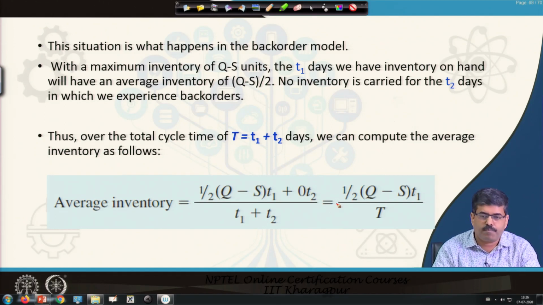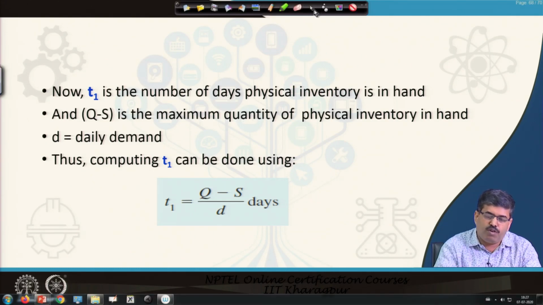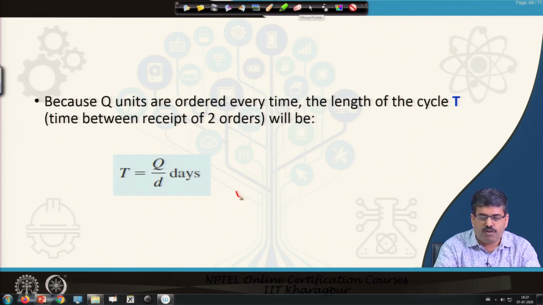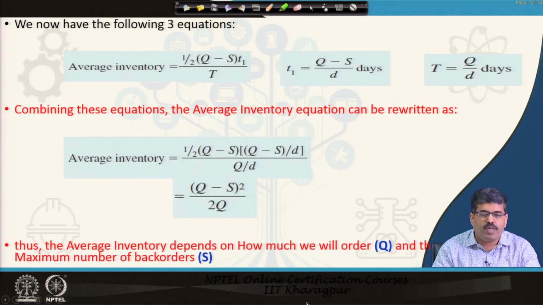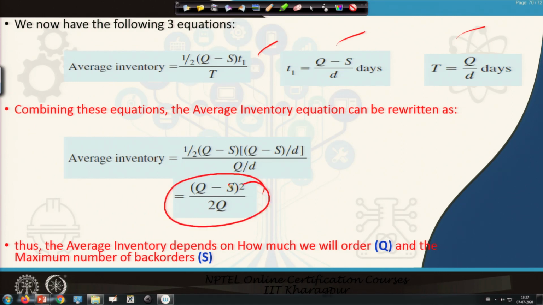For T1, again we are given a formula here, Q1 minus S. For total T, we have again given a formula here, Q by D. And now we have the following 3 equations given on top, 1, 2 and 3. Combining these equations, this is the formula for average inventory.